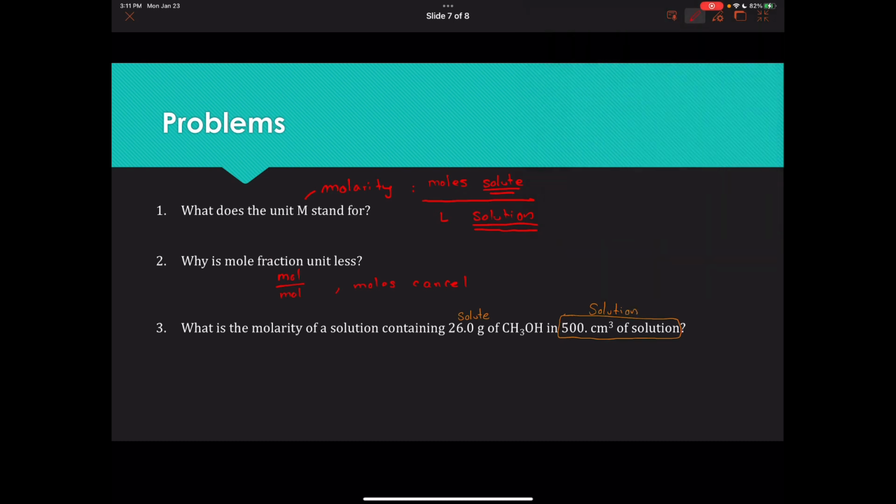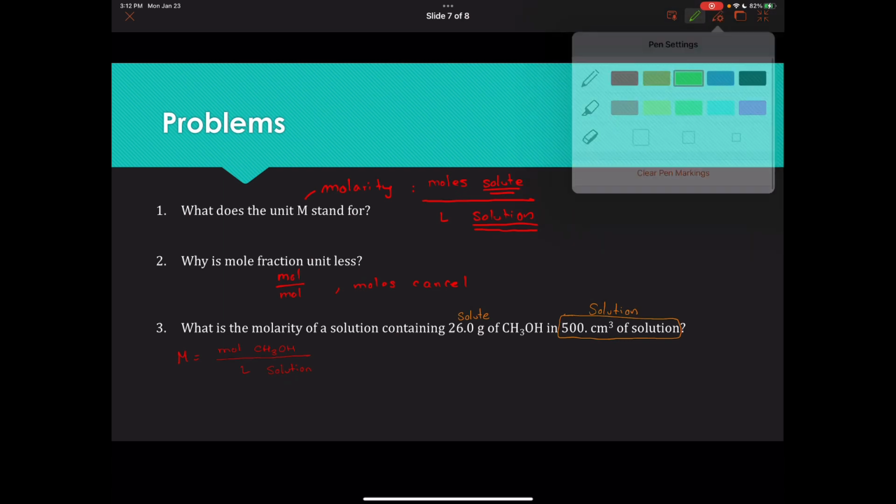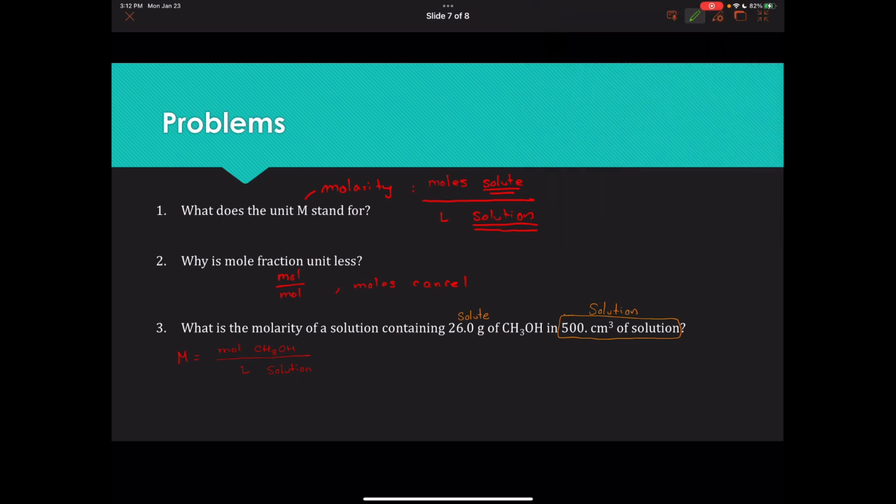We are looking for the molarity. So for molarity, we're going to need moles of our solute, CH3OH, divided by liters of our solution. Looking at the information that we have about our solute, we've got its grams. So we're going to take the 26 grams and convert it to moles using the molar mass of that CH3OH.